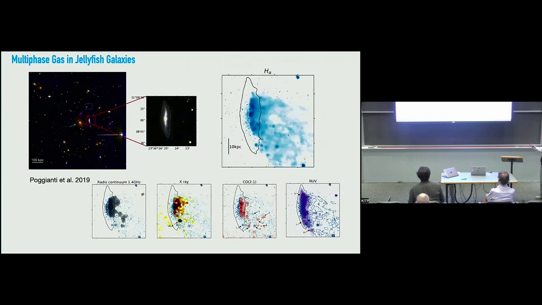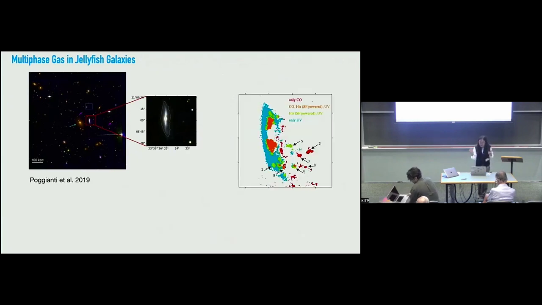The top one shows H alpha, and in the bottom ones you can see we found this tail can be observed in every wavelength. It's a little bit counterintuitive where the tail gas is from. You may think, okay, that's from the stripped gas. It's actually not that simple.